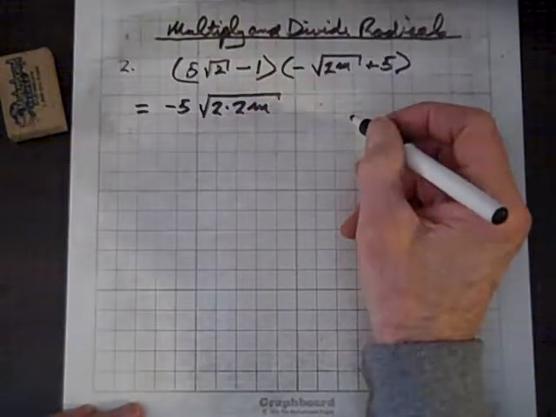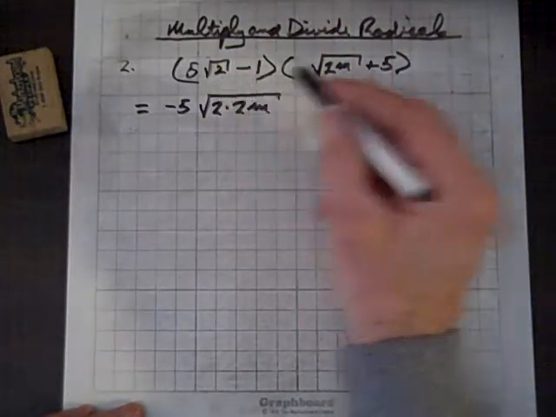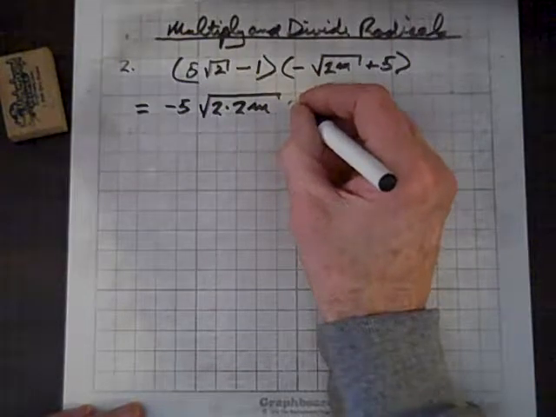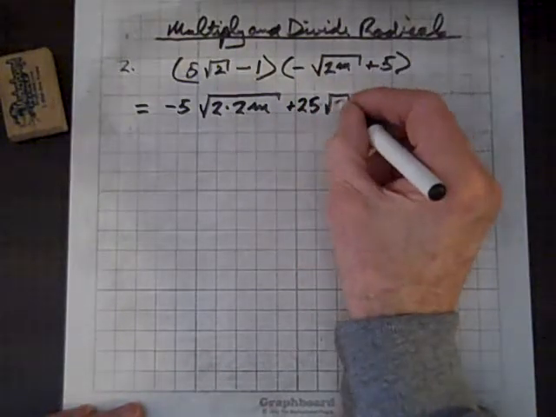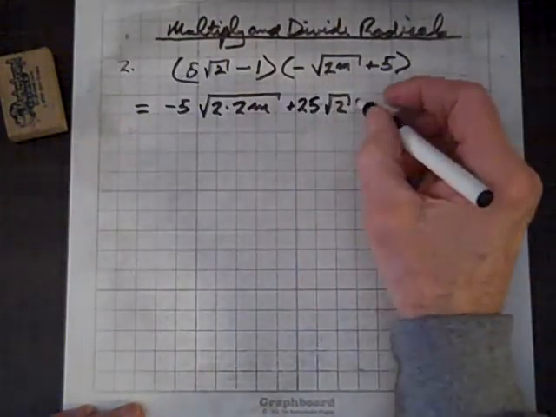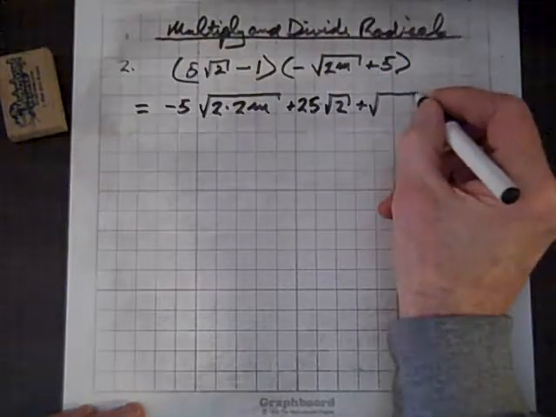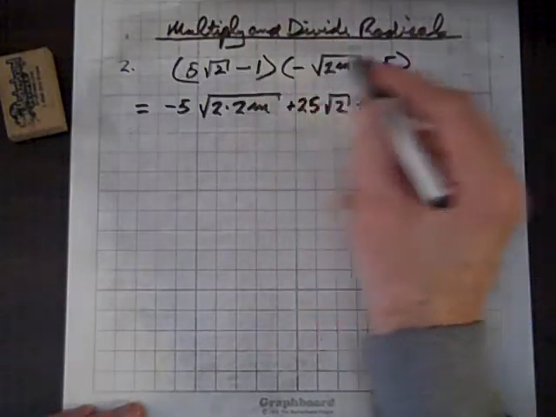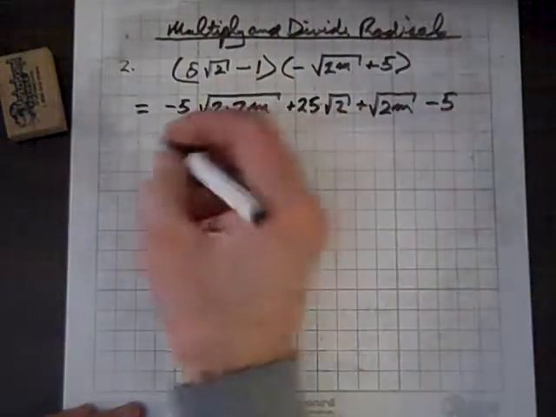And we also have a 5 root 2 times 5, which is going to be plus 25 root 2. Now we have a negative 1 times negative root 2m, and that'll be a positive root 2m. And now we have a negative 1 times 5, which is just negative 5.